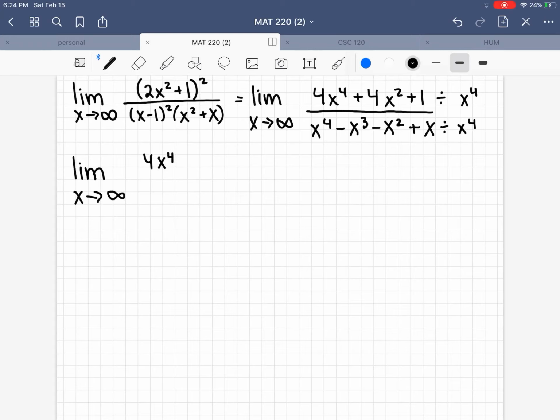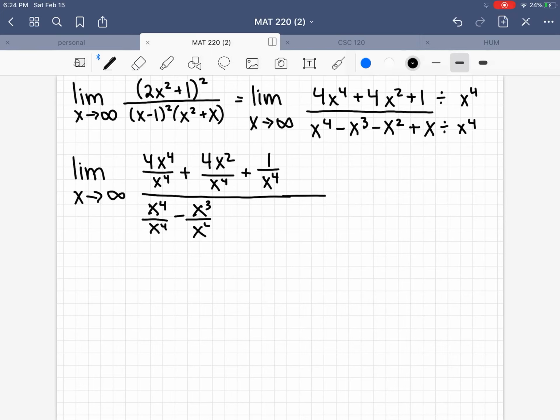So we would have 4x to the 4th divided by x to the 4th plus 4x squared divided by x to the 4th plus 1 divided by x to the 4th over x to the 4th divided by x to the 4th minus x cubed over x to the 4th minus x squared over x to the 4th plus x over x to the 4th. Yay! So much writing.